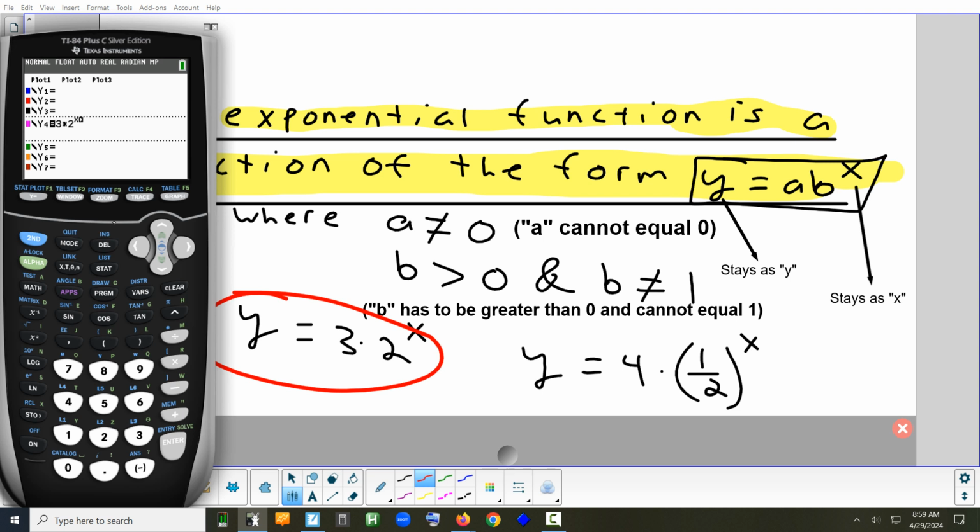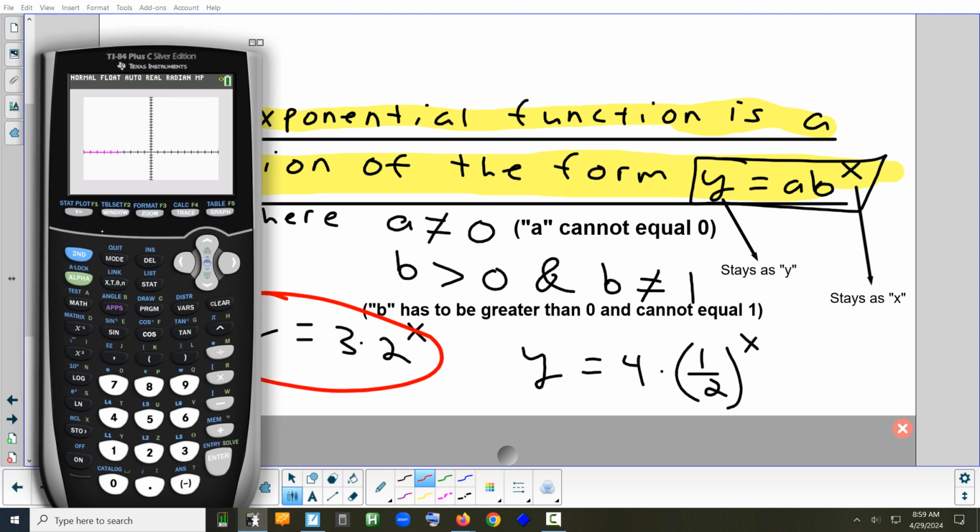So is that 0? Nope, that number's fine then. And then what number here is the b? 2. Is 2 greater than 0 and not the number 1? Yeah. So that fits the definition of what's called an exponential function. So when you hit graph, it's going to look pretty flat, and then all of a sudden it's going to start to curve up to the right.